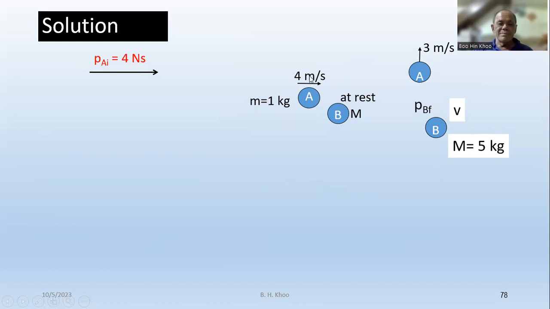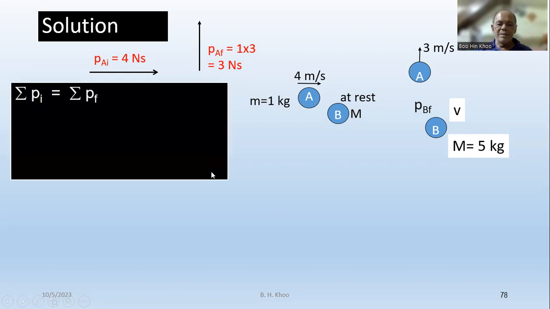Our initial momentum of A is 4 times 1, which is 4, then this one is 3, and draw it in vector form. 1 kilogram, 1 times 3 is 3. That's what we know.